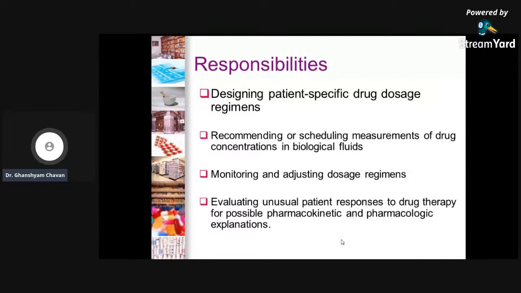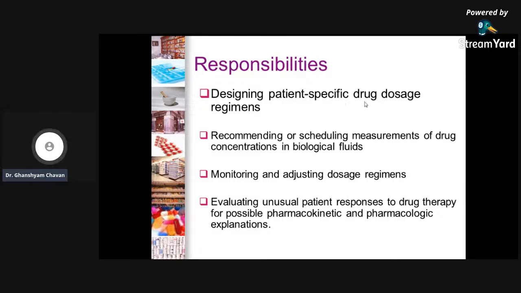Now, students, from these slides, we will start to discuss the responsibilities of the clinical pharmacist. What are the responsibilities? First is designing a patient-specific drug dosage regimen. As we have recently discussed, according to the genes, each person has their own microsomal isoenzymes in their body, and each person has their specific sensitivity for a specific drug.